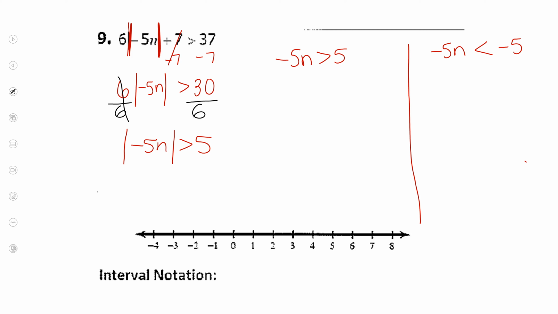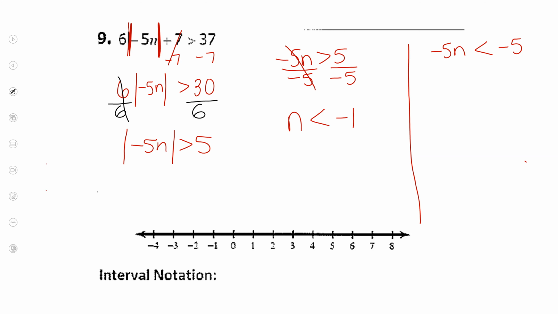Now we're gonna solve. So I'm gonna divide this side by a negative 5 and divide this side by a negative 5. So I have n, 5 divided by negative 5 is negative 1. The important thing you need to remember is whenever you divide by a negative, the sign changes. So please write that on your paper.